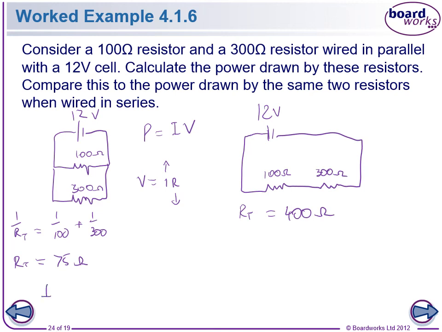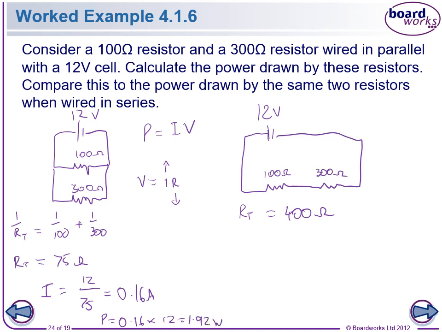Our current in our parallel circuit is going to be equal to 12 over 75, which is 0.16 amps. And so the power dissipated in that circuit, power is equal to current times voltage, 0.16 times 12, will give us a power of 1.92 watts.